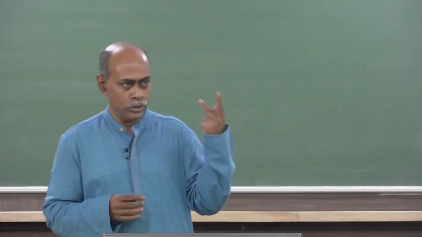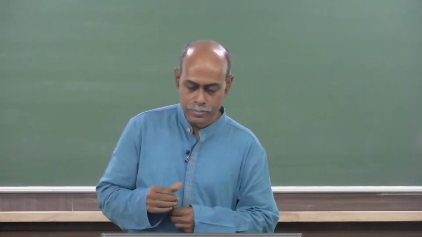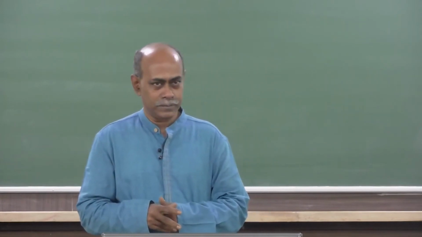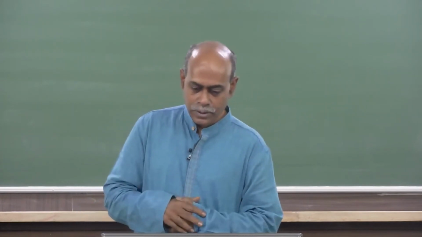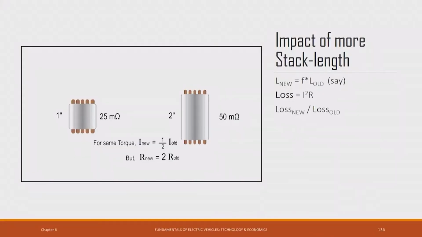Let us say that the new length is f times the old length. In this picture, f is 2. The new length is 2 times the old length. Loss is I squared R. The new loss by old loss is what we want to compare.